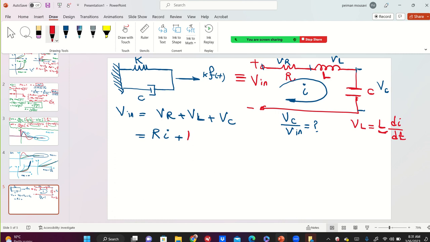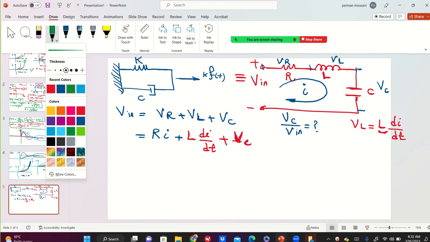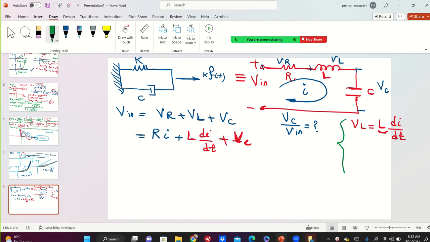And Vc is Vc because we're going to find it. But I taught you in the first order system, if you have it in your notes, that Vc is equal to 1 over C integration of i dt. And from here you get i, you have in your notes, is C dVc over dt.